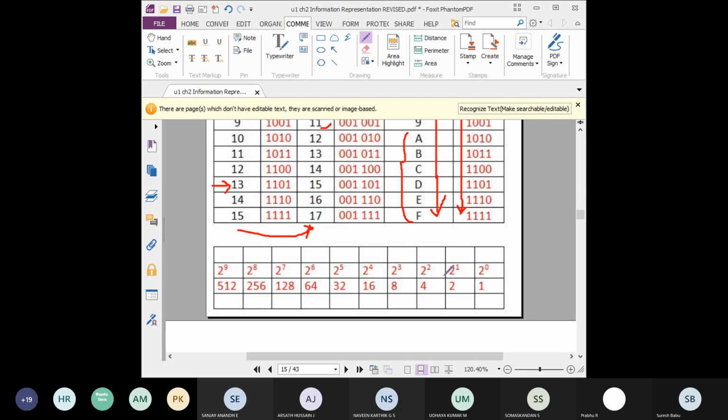By using this tabular column, see here the values 1, 2, 4, 8, 16, like this. You have to add zeros and ones here anywhere, but you want to make it 13 by adding values here. How to get the 13 here?